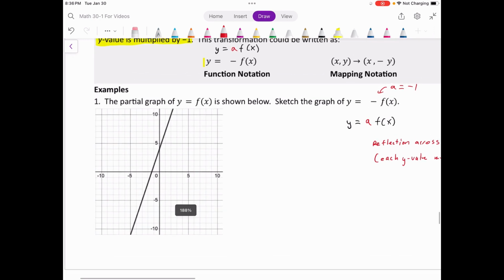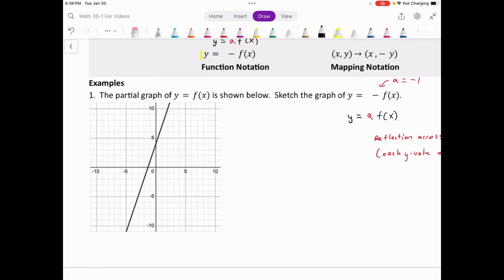So, picking out some points, just going to pick nice points that are easy to see and we don't have to estimate. (2, 10), where's that going to end up? (2, -10), because 10 times -1 is -10. Sure enough, right? Notice how that looks like a reflection across our x-axis, right? If that's our x-axis, this point has been reflected over there.